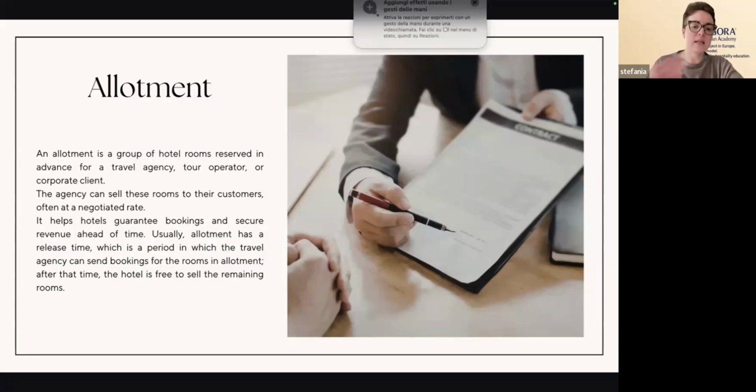If they don't sell all the allotment rooms, the hotel is free to sell the remaining rooms. So the allotment contract is valid until that limit, and after that, if these rooms are not booked by the agency, the hotel could resell them again online or directly.